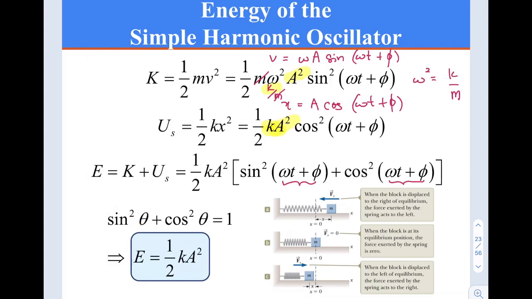We're going to use sin squared theta plus cos squared theta is equivalent to 1. So the whole part here is going to be equivalent to 1. That is why E total at any instant is equivalent to half kA squared.